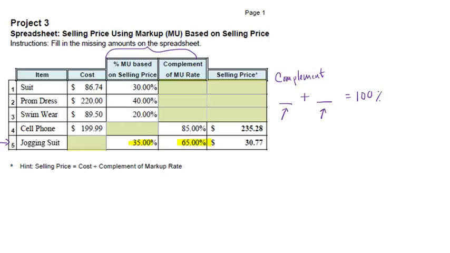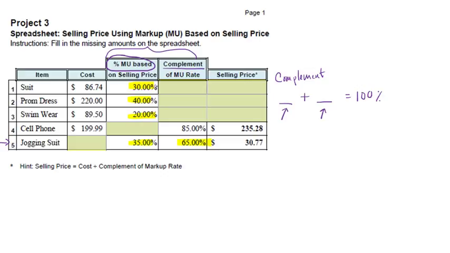Since 35 plus 65 equals 100, that must be my answer. So if I know the percent markup, then I'm able to calculate its complement, right? Because after all, I know the percent markup, and over here, they're just asking for the complement of that rate.